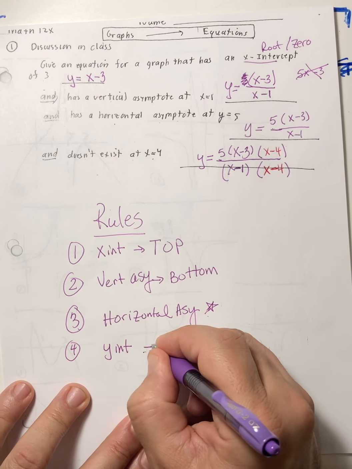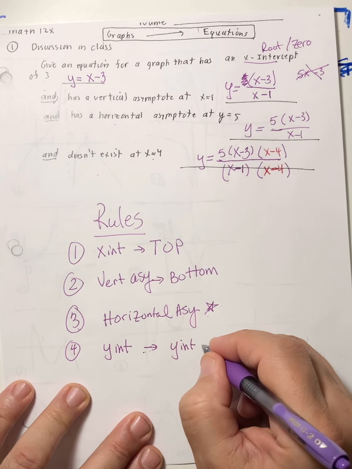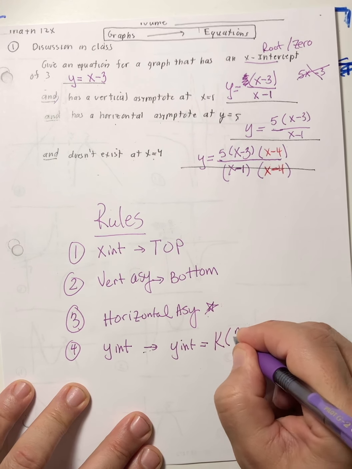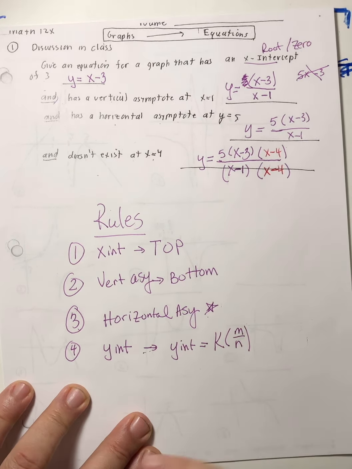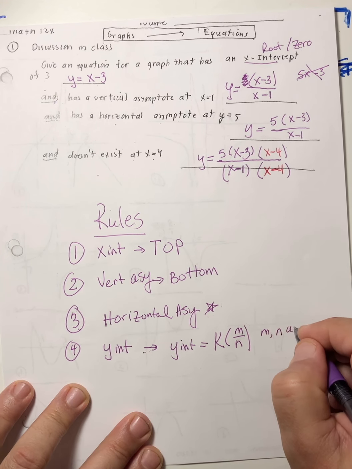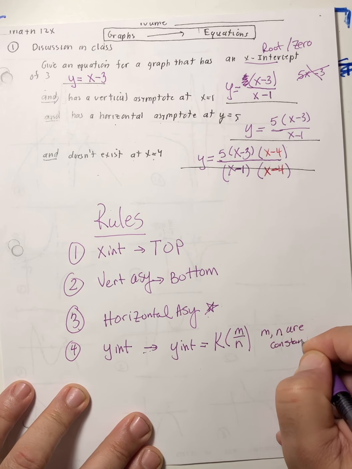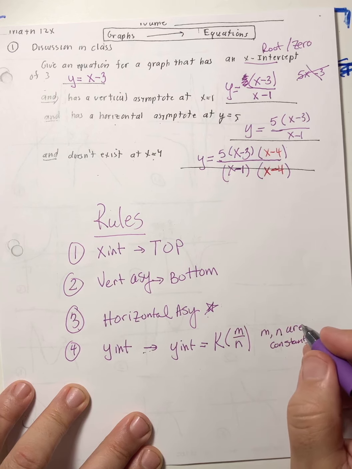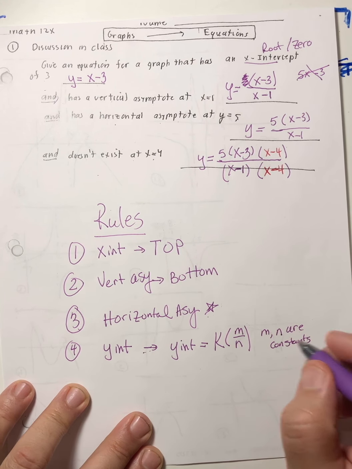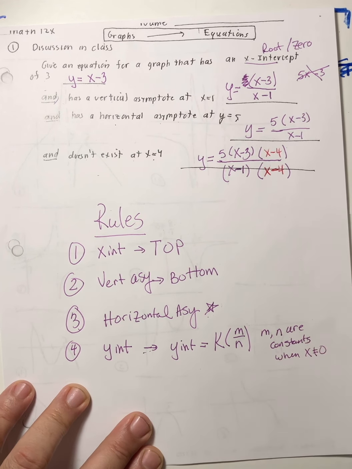The y-intercept is equal to k times some m over n, where m and n are constants, when x is not 0.